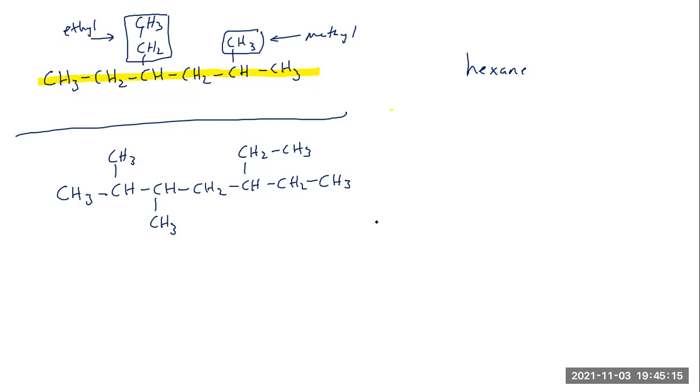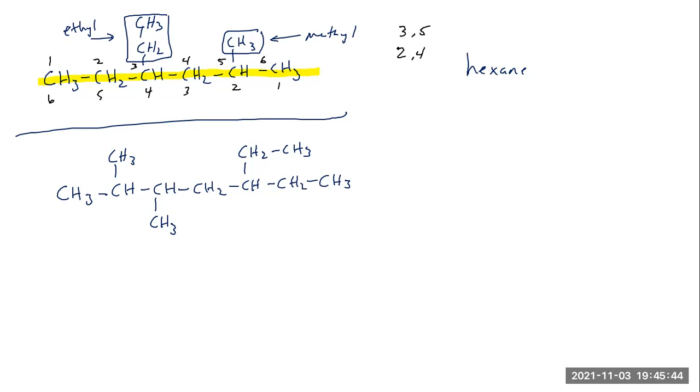Now we're down to numbering. If we go left to right here, 1, 2, 3, 4, 5, and 6, we end up with groups at 3 and 5. If we go right to left, 1, 2, 3, 4, 5, and 6, we end up with groups at 2 and 4.